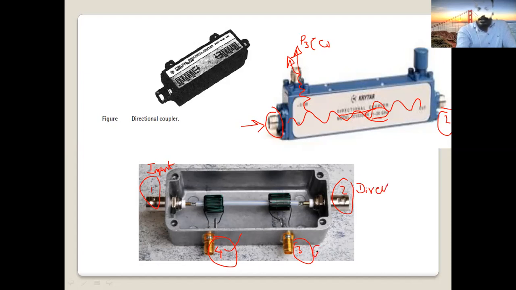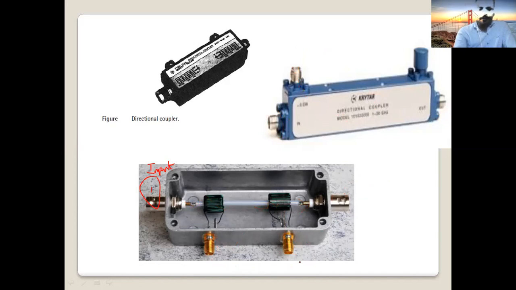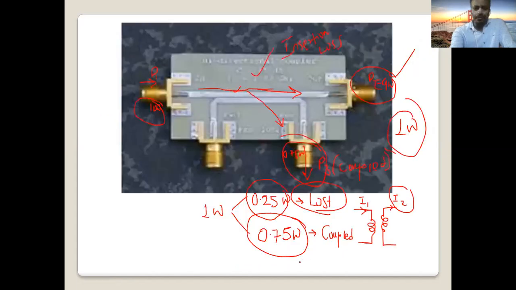Port 3, we call it the coupled port. So when you apply a signal, a small part of the signal will go to port number 3, the coupled port. Okay, so these directional couplers are a very important device in microwave. I will explain applications later.